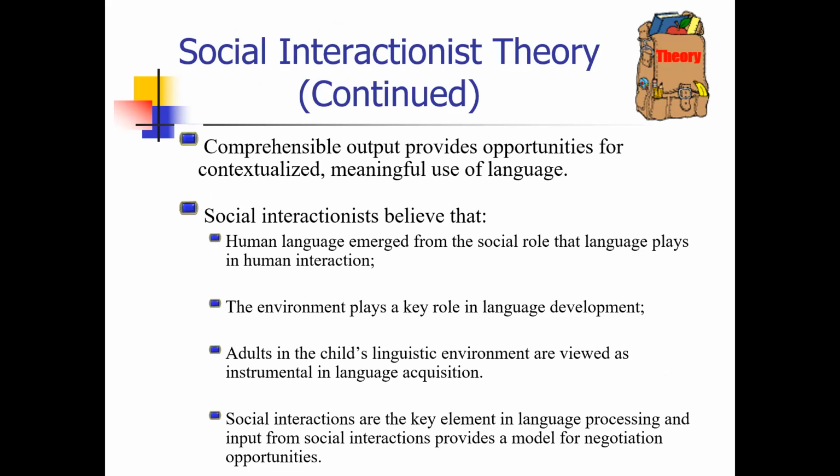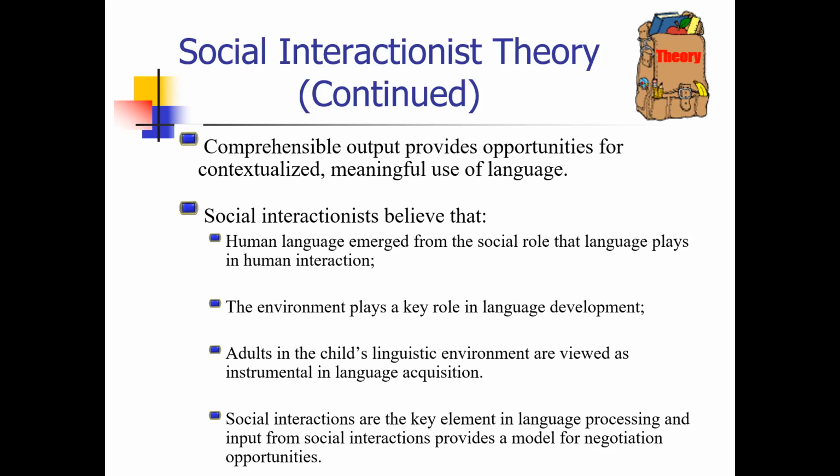Comprehensible output provides opportunity for contextualized, meaningful use of language. Social interaction: first, it emerged from the social role that language plays in human interaction. Second, the environment plays a key role in development.